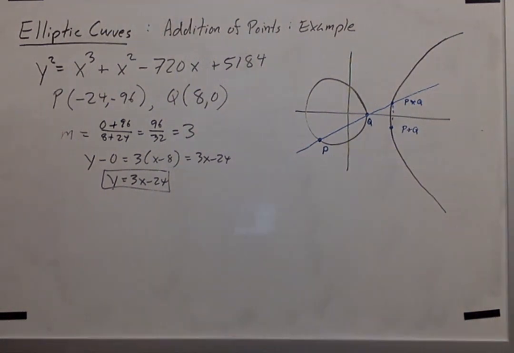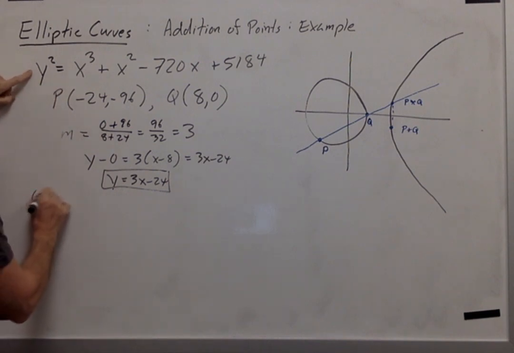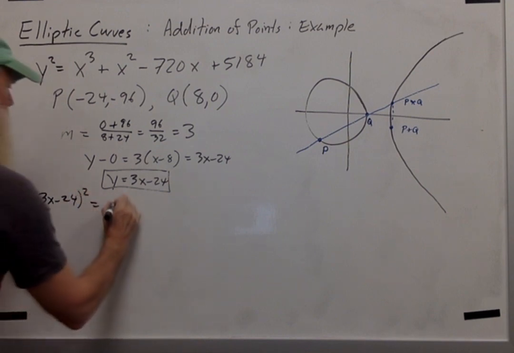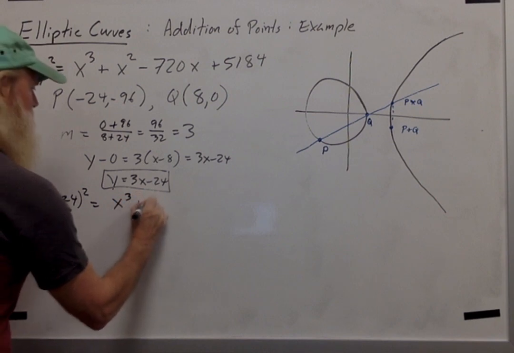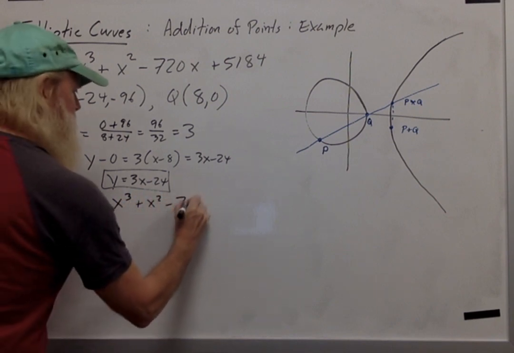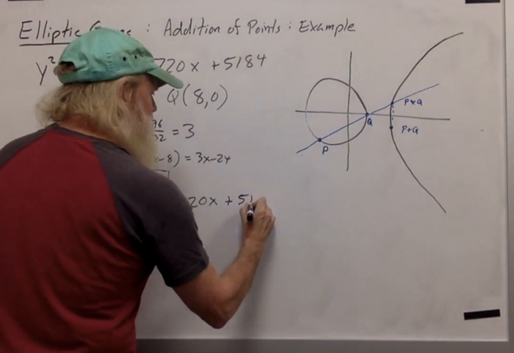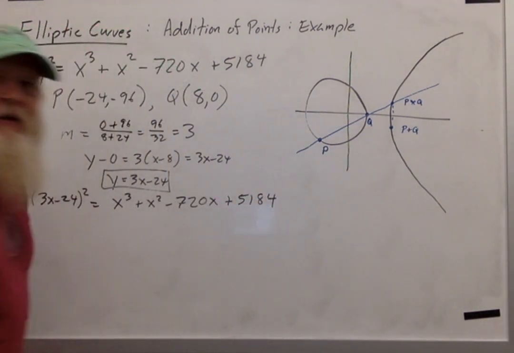So first of all, let's take this and plug it into the left side of this equation. So (3x minus 24) squared is equal to x cubed plus x squared minus 720x plus 5184.